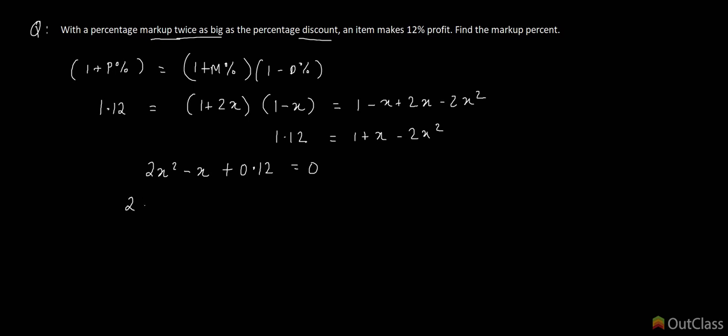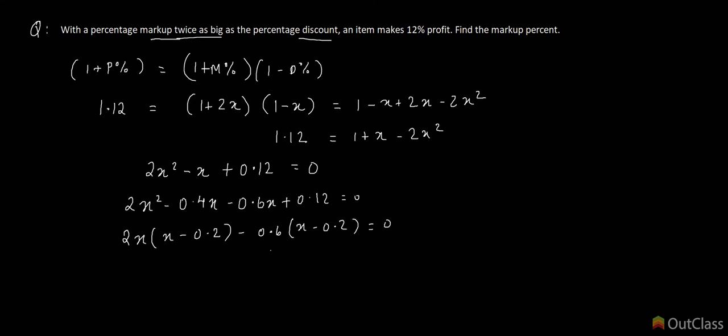That's the split is going to be 0.4 and 0.6. 2x square minus 0.4x minus 0.6x plus 0.12 is equal to 0. 2x into x minus 0.2 minus 0.6 into x minus 0.2 is equal to 0. 2x minus 0.6 into x minus 0.2 is 0.